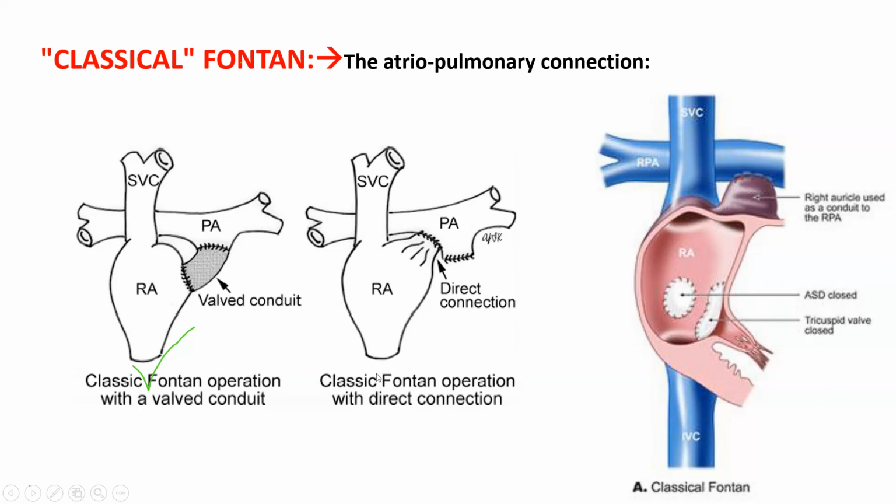But later on, in the Kreutzer modification of the classic Fontan, he used it without a valve. Like in the classical Fontan, the ASD is closed, the tricuspid valve is closed, SVC blood is directed to the RPA, and IVC blood through the right atrial appendage goes to the LPA.